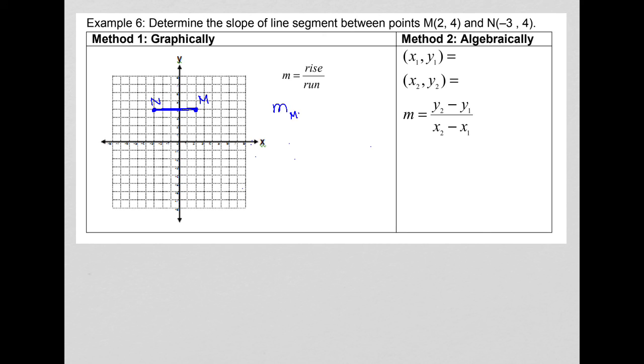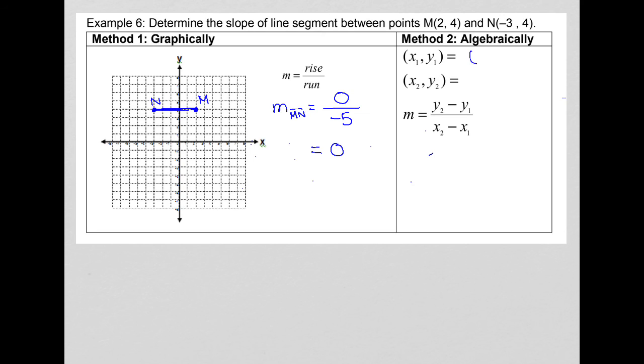Slope of MN, from M to N, I moved 5 units to the left. So that's negative 5, that's my run. However, I do not go up, I do not go down. So since I didn't go up and I didn't go down, the rise is 0. And 0 divided by negative 5 will be 0.